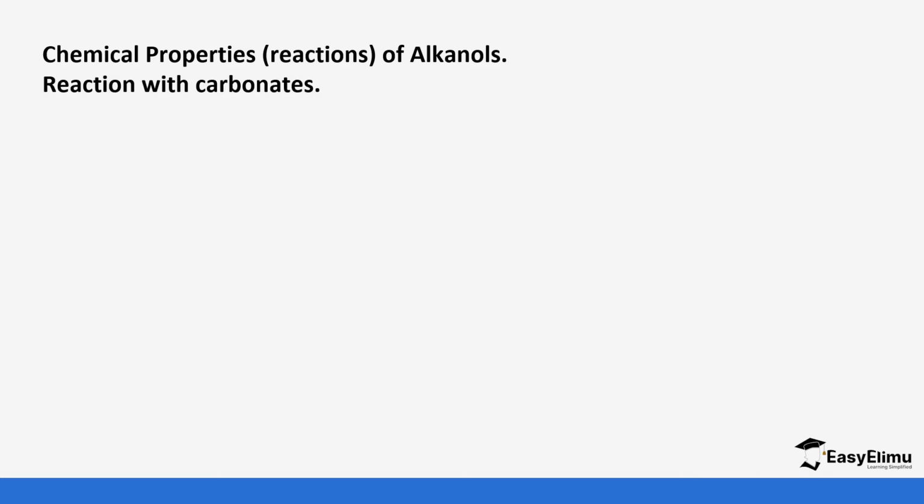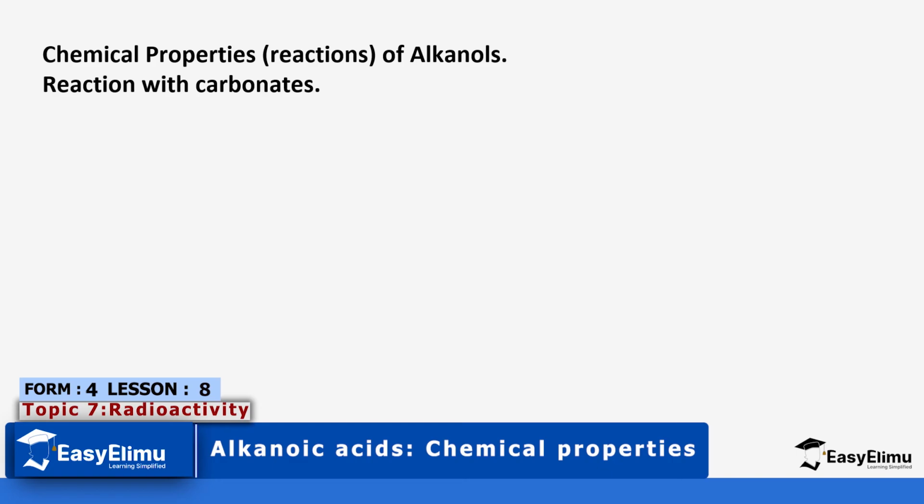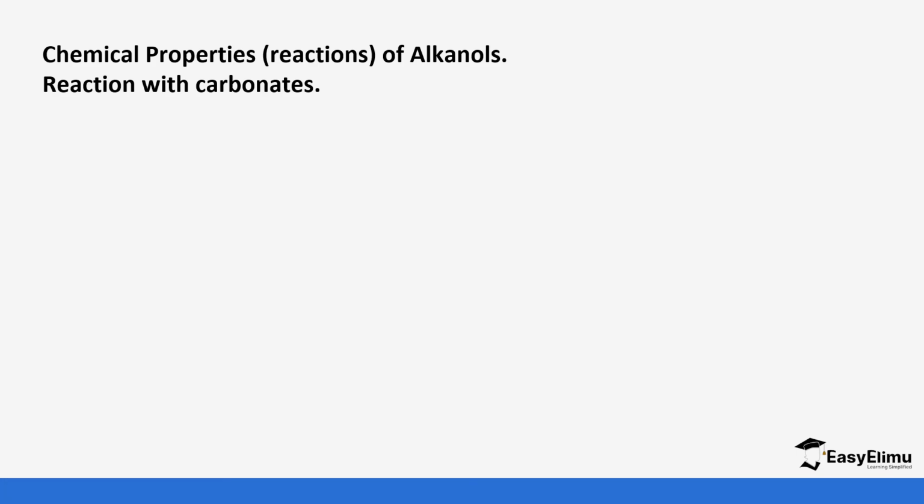So one of the properties is reaction with carbonates. Before we go to the reaction with carbonates, it is important for us to note that this is an acid. When you put it in water, it's going to dissociate to form hydrogen ions, but it's usually considered one of the weak acids because it does not dissociate fully. For example, if I take a general carboxylic acid and add it in water, what happens?